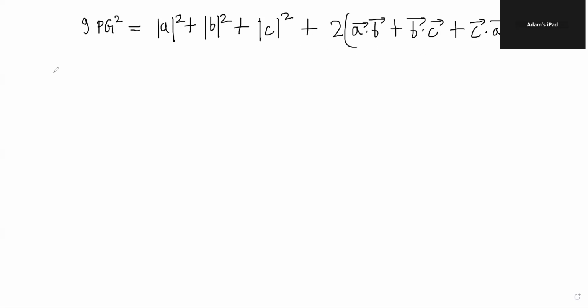Now what I have known is 2 A dot B and all has come out to be mod A square plus mod B square minus C square, where this C is the side length, right?